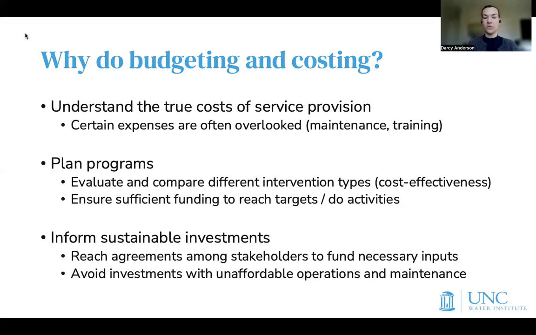They help stakeholders reach agreements about what funds are necessary, and they help to avoid investments where there may be infrastructure that's constructed, but then the long-term costs of that operations and maintenance need to be funded as well. So we like to avoid situations where we've paid to install infrastructure that we then cannot afford to operate and maintain, and that infrastructure falls into disrepair, and that investment is largely wasted.